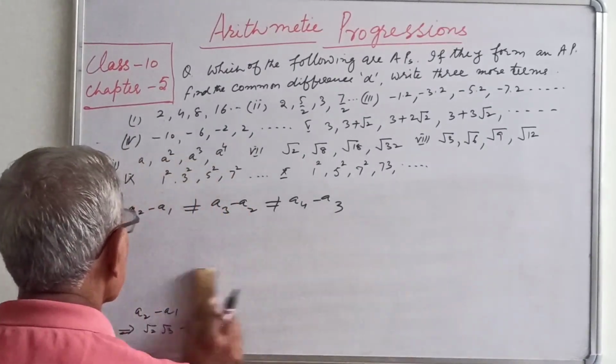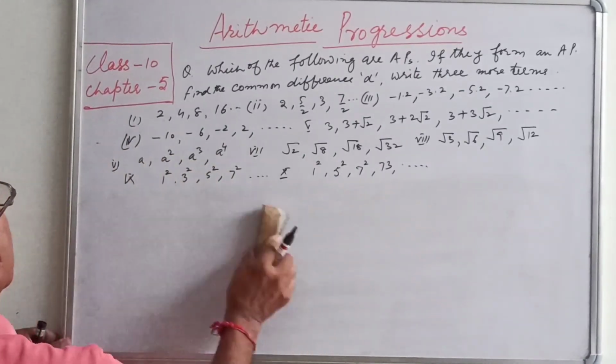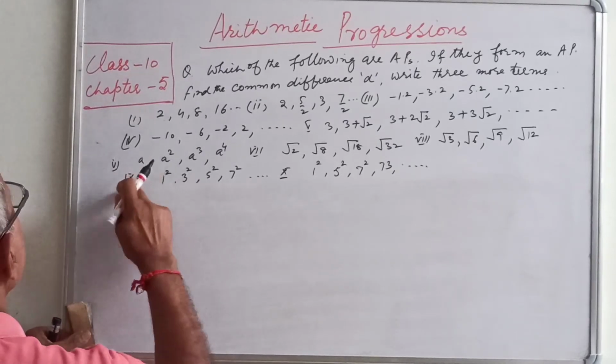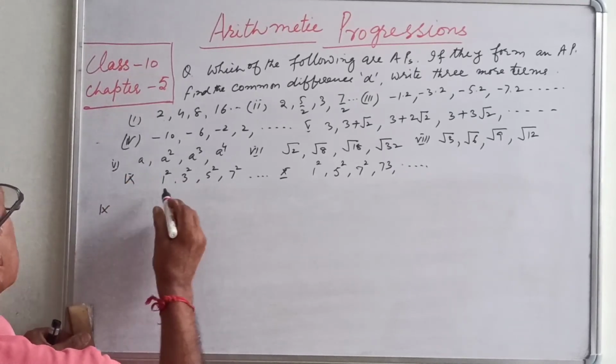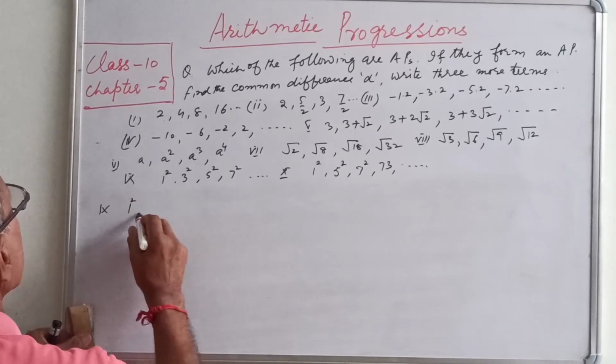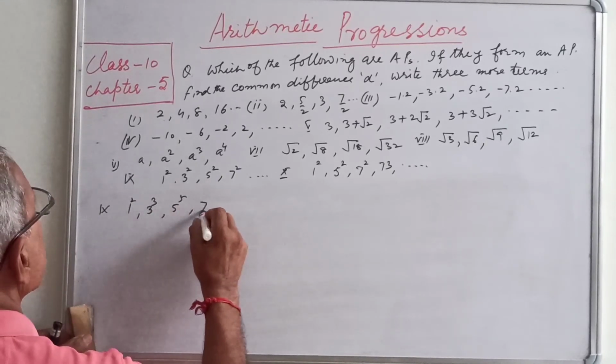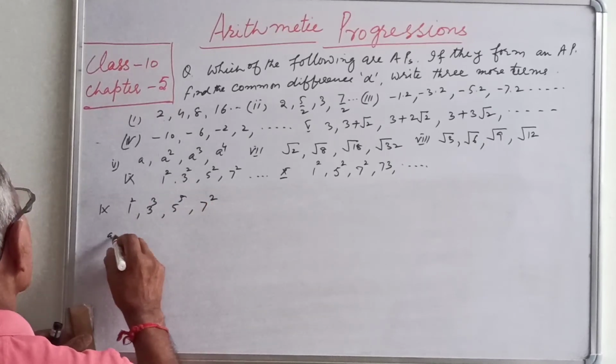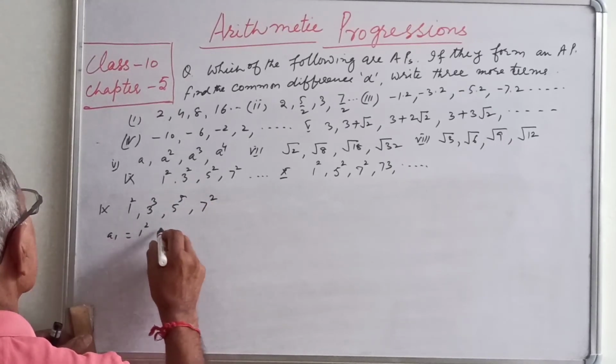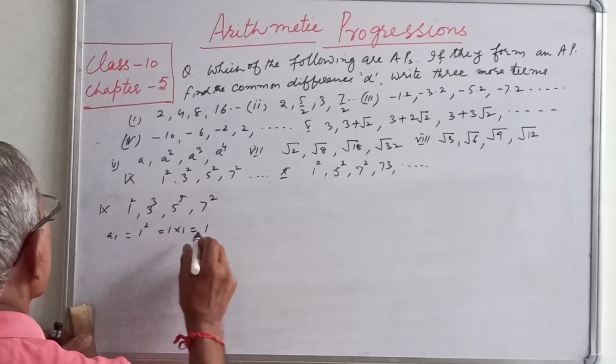The next question, next part: square of 1, square of 3, square of 5 and square of 7. A1 is square of 1, that is 1 into 1, 1.